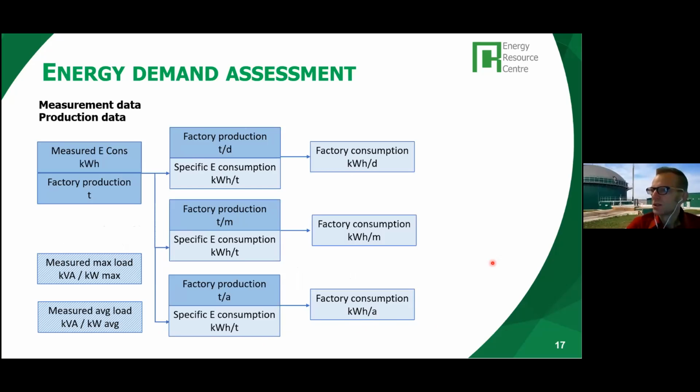So this is how measurement data could look like. Let's say basically, if you have your kilowatt hours measured, for example, over a shift or over a day or over a number of days, then you can calculate the specific energy consumption, which then, in combination with the production per day, per month, or per year, will give you the kilowatt hours per day, per month, and per year.